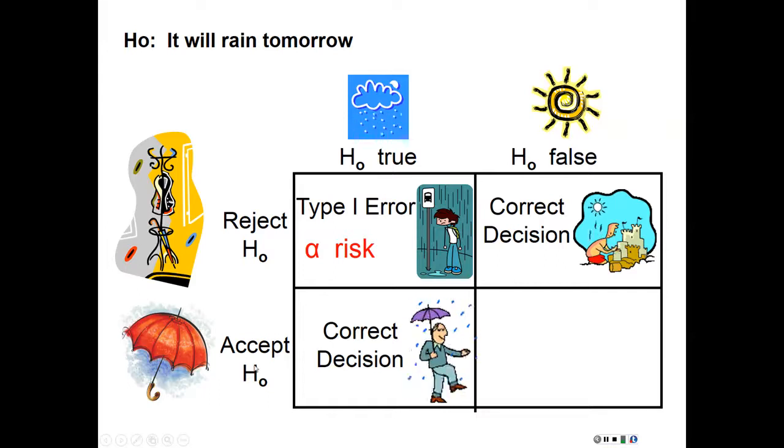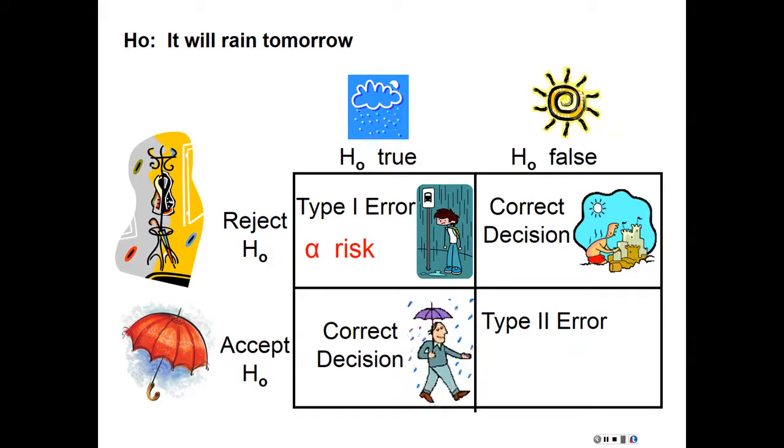But you could also make a mistake by accepting H0. Because you could accept H0 because the weatherman said it's going to rain, the newspaper said it's going to rain, Siri says it's going to rain, and in fact, for whatever reason, if you live in East Tennessee, you know there is no guarantee that anybody is ever right about the weather, and that means that you might make a type 2 mistake. Notice that's different from type 1.